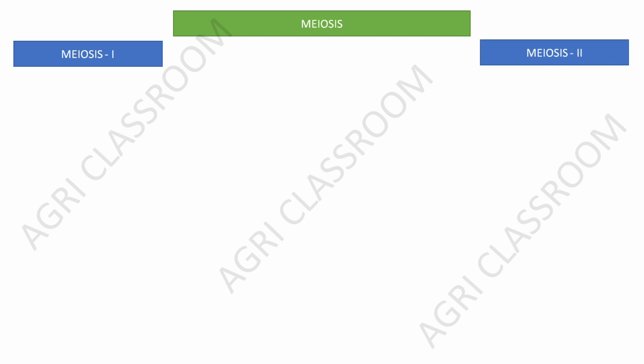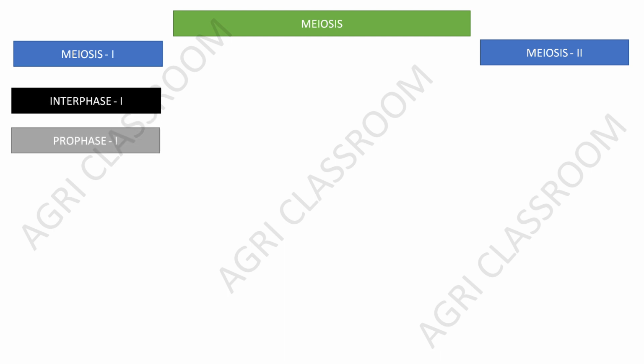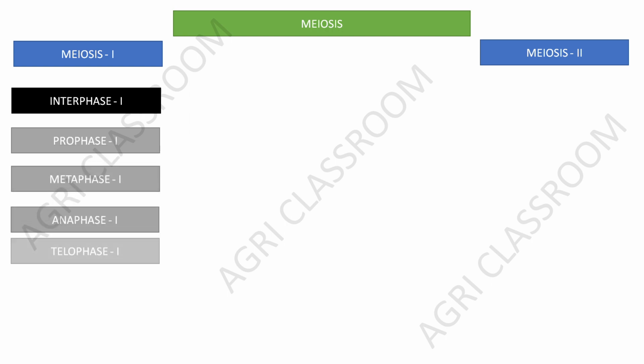In this flowchart we look at 2 different phases of meiotic cell division. Meiosis is divided into 2 main phases: meiosis 1 and meiosis 2. Meiosis 1 is divided into 5 phases: interphase 1, prophase 1, metaphase 1, anaphase 1, telophase 1.